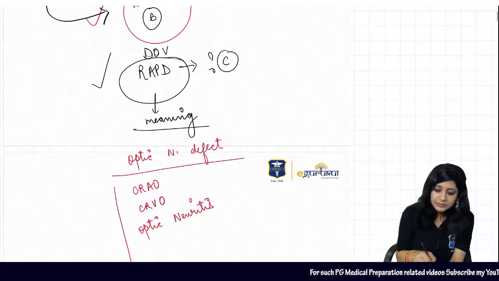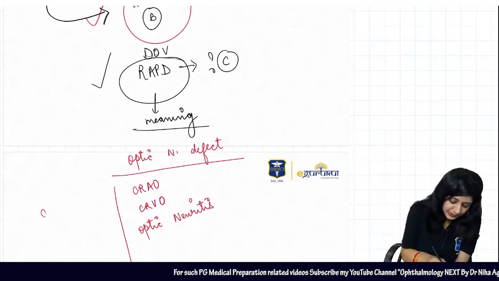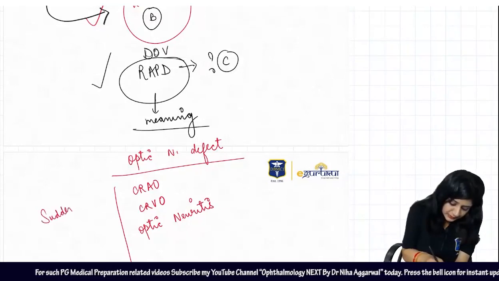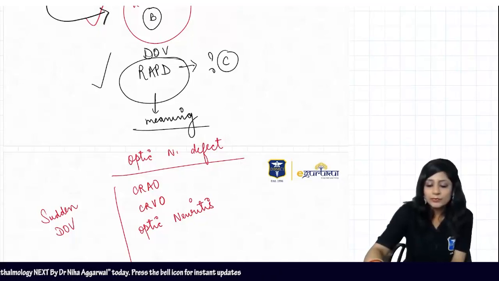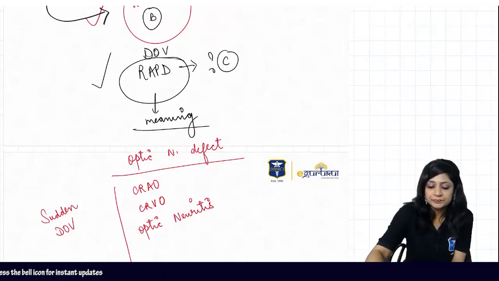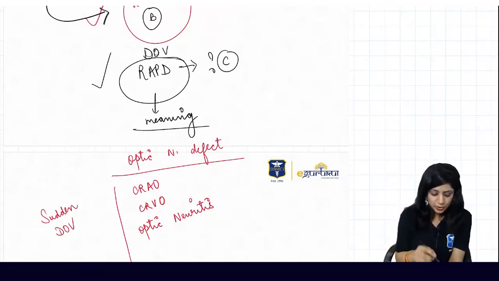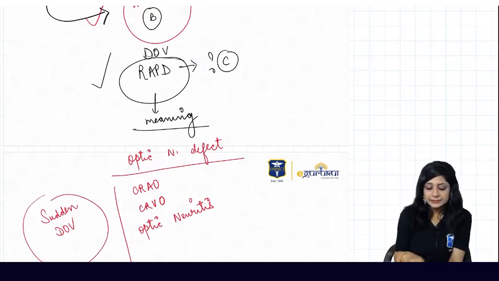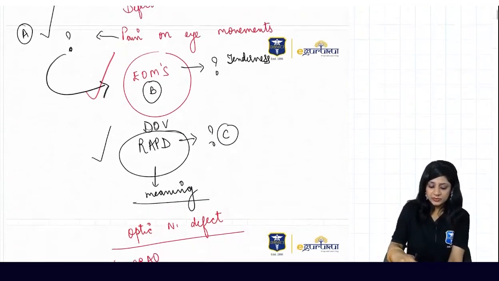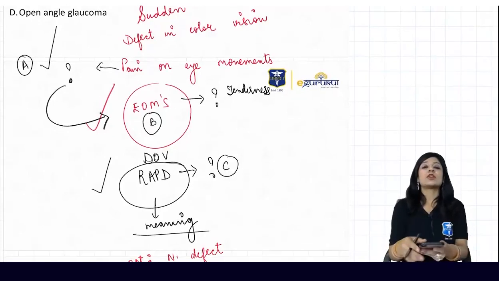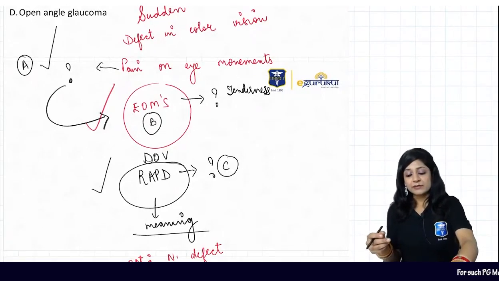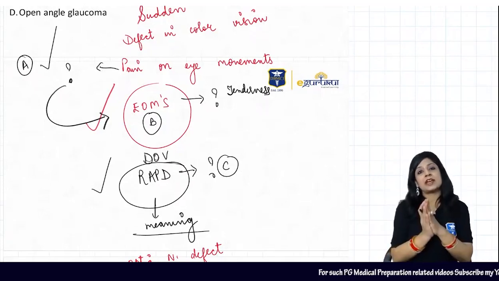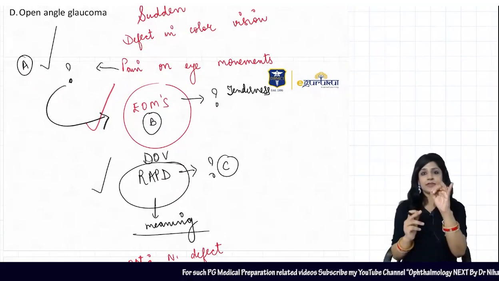All of them give you the sudden diminution of vision. But pain on ocular movements, which of these conditions will give me pain on ocular movements? How will you say whether it is CRAO, CRVO or optic neuritis?